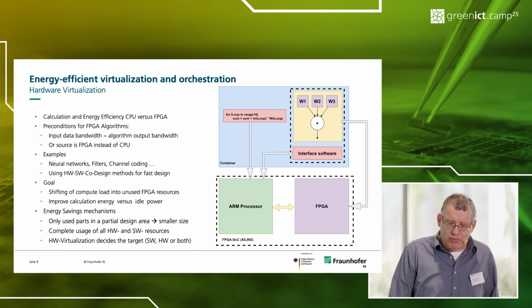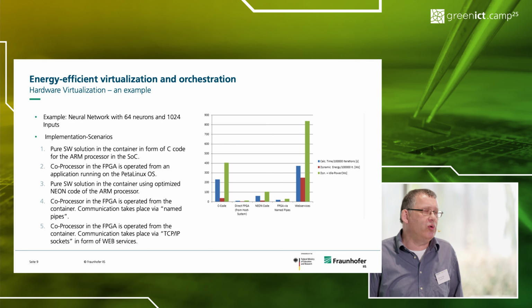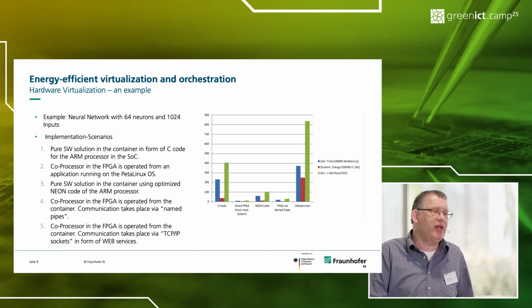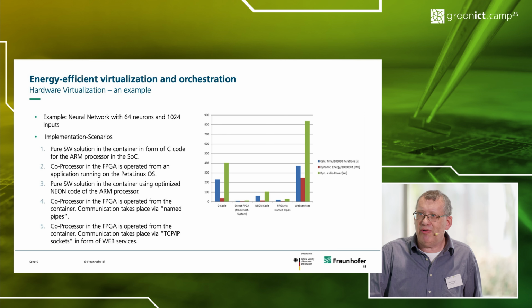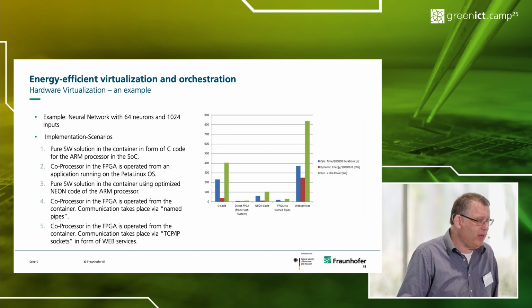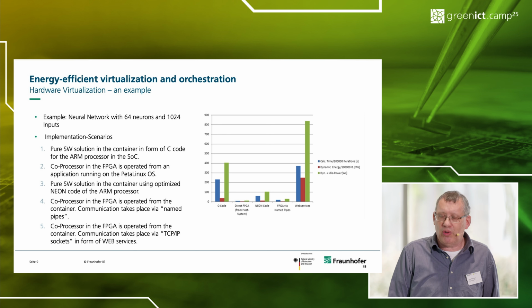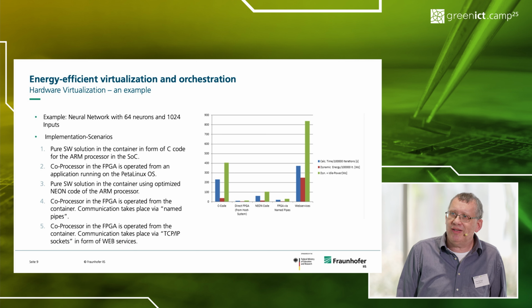And for us, it was interesting to see that it is possible to save energy if you implement a special function, for example a neural network, inside the FPGA resources, realized as hardware, or running as a software component. And here I show you some configurations.